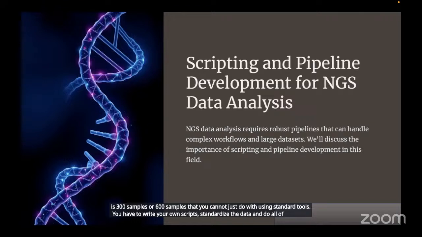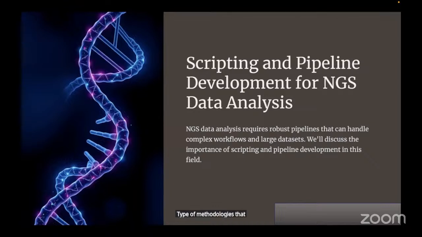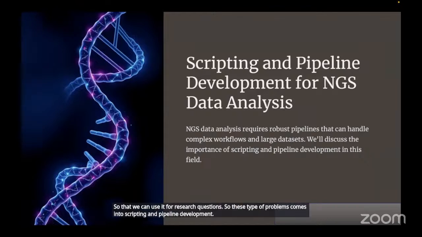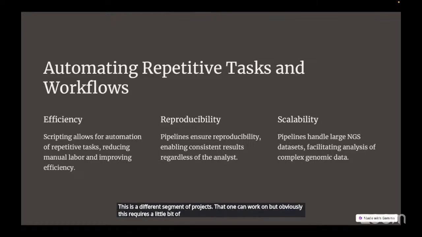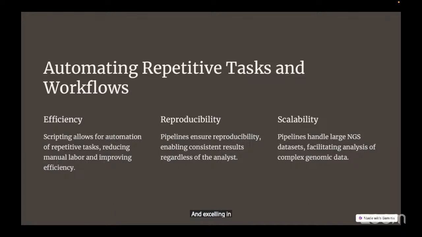And then again, there is creating new types of methodologies that are recently published, and we want to test and benchmark them so that we can use them for research questions. So these types of problems come into scripting and pipeline development. This is a different segment of projects that one can work on, but obviously this requires a little bit of computational efficiency, and you should be keen to learn Python as a main programming language, and excel in that, and be comfortable with Linux as well.